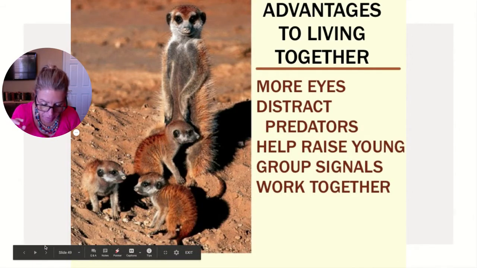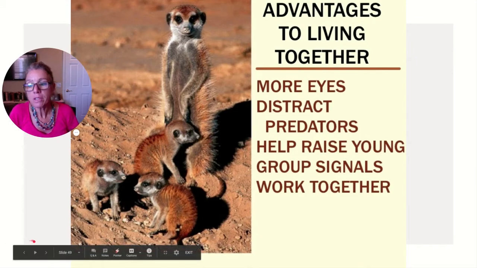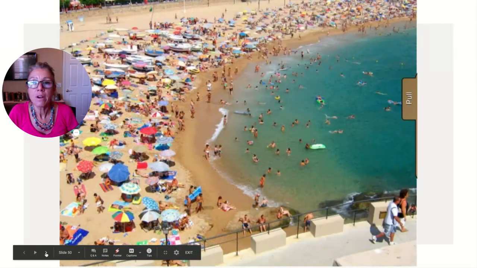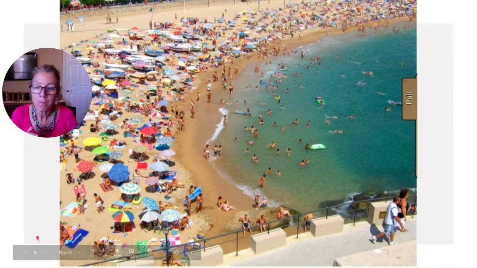So on your advantages, on the cost-benefit analysis, realize the benefit must outweigh the cost. Otherwise, they wouldn't continue to do it because these are adaptive behaviors and they're persisting today, so they must be adaptive. So the advantages are you avoid predators, raise young, find food, or anything else on that slide. But there are disadvantages too when you live together as a close population.